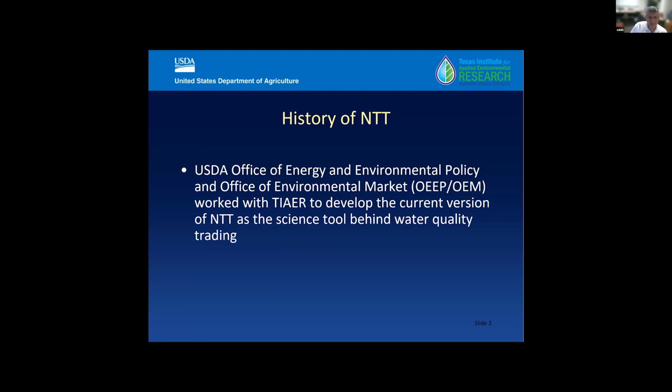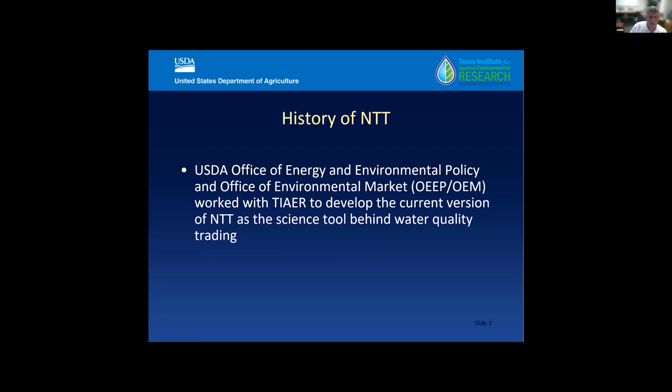So the task was given to us by USDA to create a more comprehensive model. We took that program and put in the APEX model, which we will talk about a little later, to make it better, more comprehensive and basically two-dimensional, and it was purposed for water quality trading at the beginning.